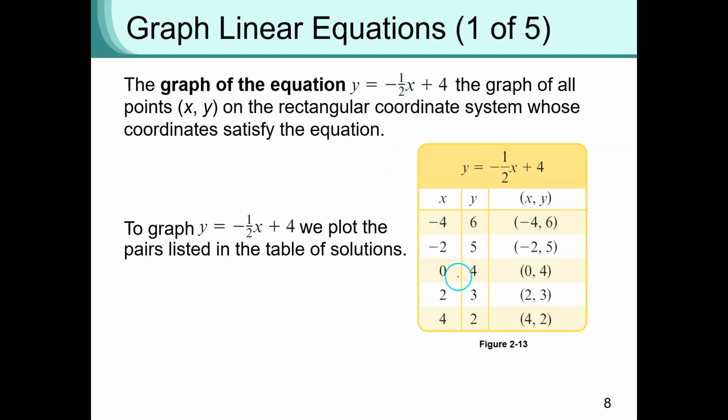Some of you go with a table. As long as you decide the x point, plug it back into the equation, you will find the y value. You can create a table with at least 4 or 5 points to sketch the graph. But here, I'm going to use the x-intercept and the y-intercept to sketch the graph.